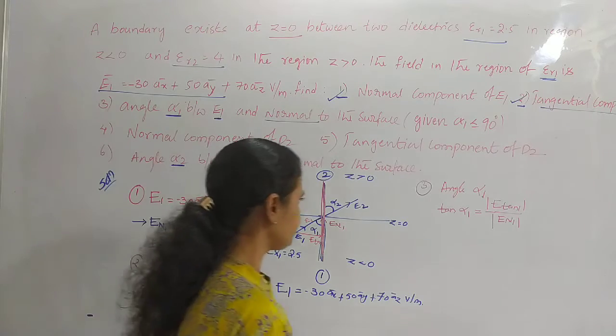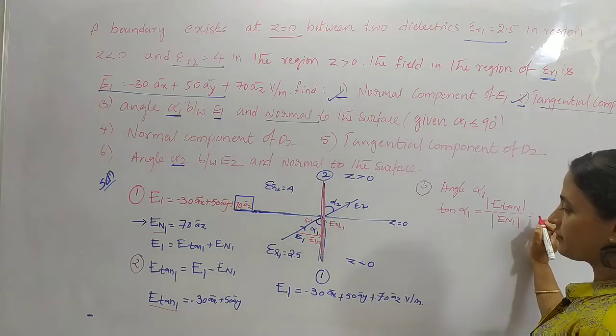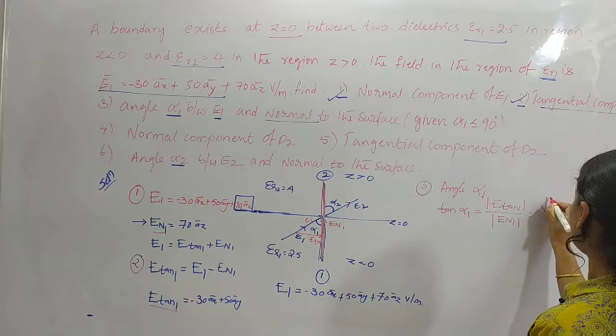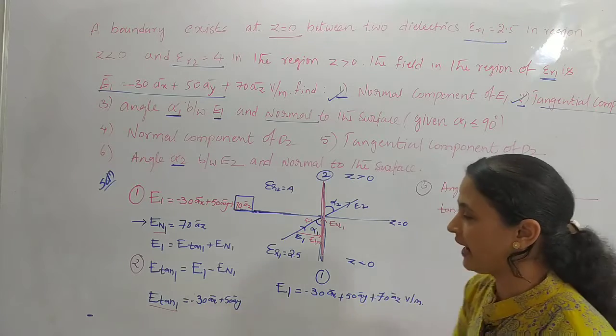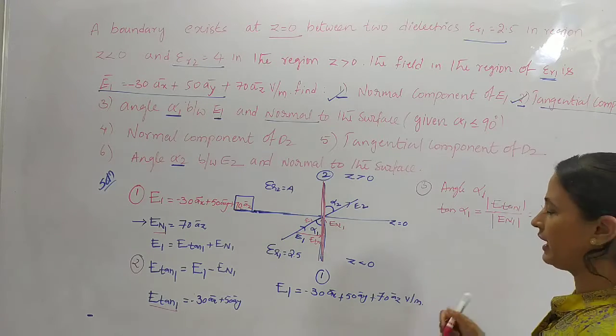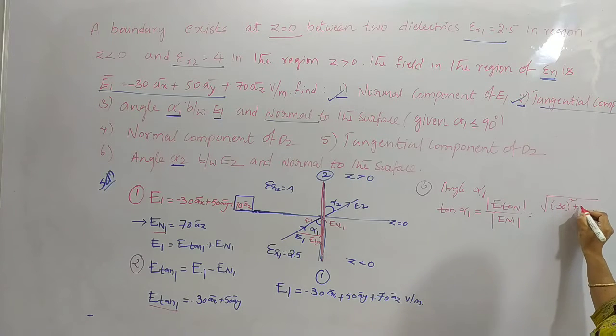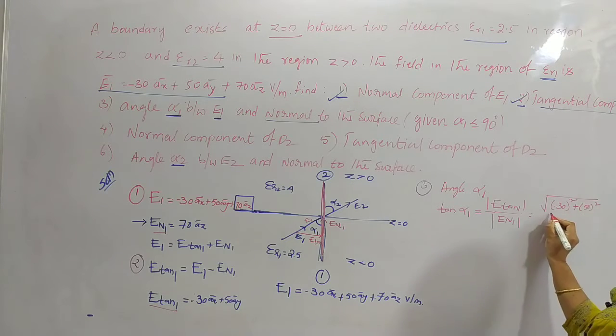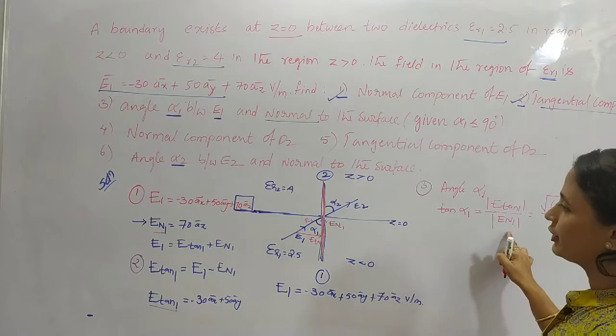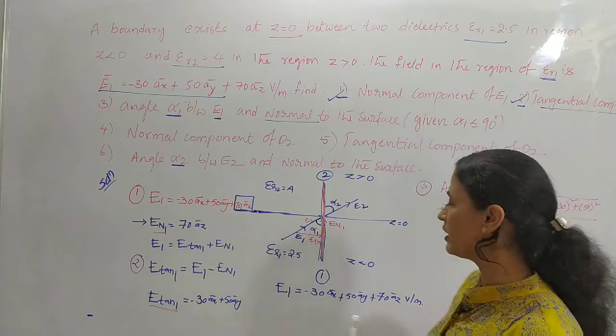The magnitude of the tangential component is the square root of minus 30 squared plus 50 squared, divided by the magnitude of the normal component.